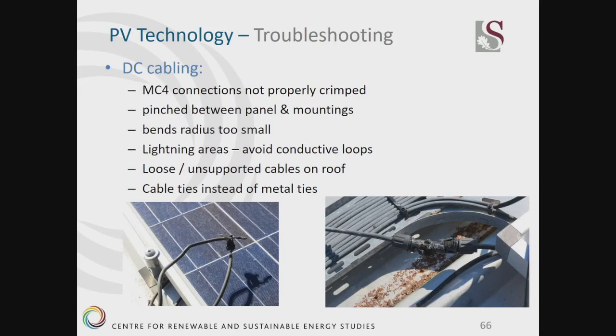Typically, you would use cable ties to tie down cables, and as can be seen here in the picture, plastic cable ties are used. When you're doing installation, plastic cable ties are okay, but when exposed to sunlight they would probably not last more than 3 to 6 months, so it is best practice to replace plastic cable ties with metal cable ties.